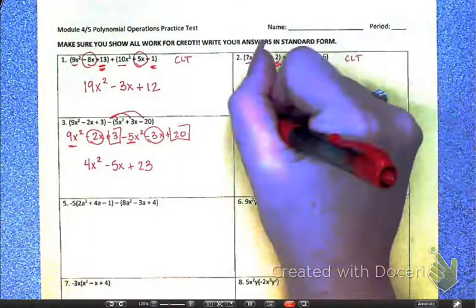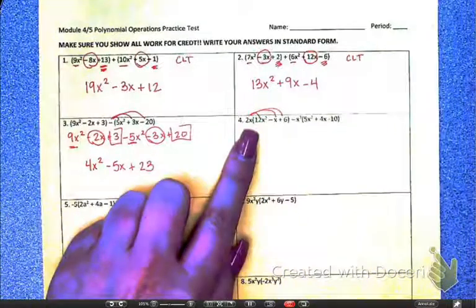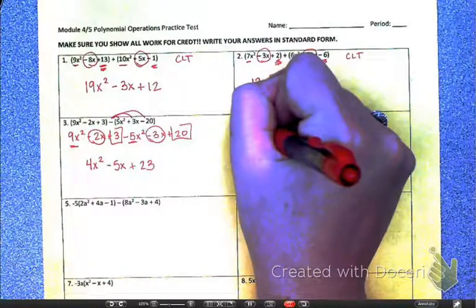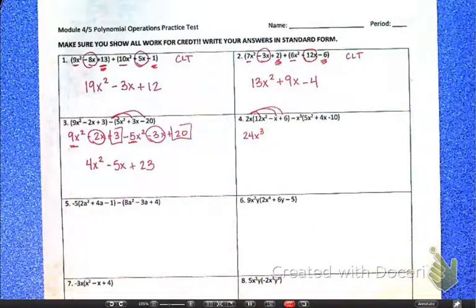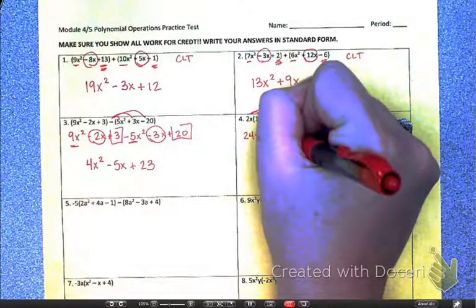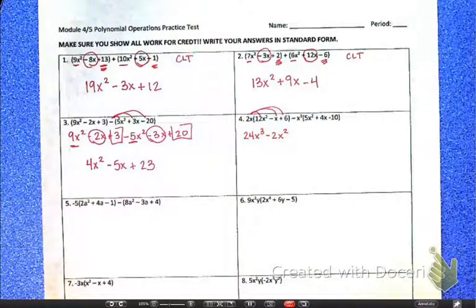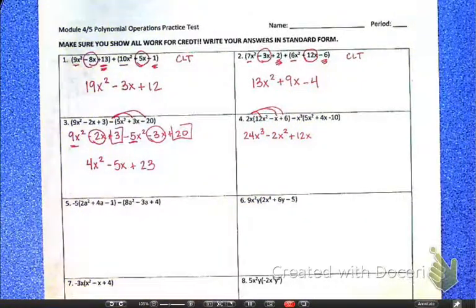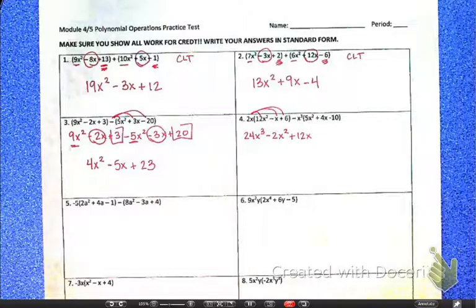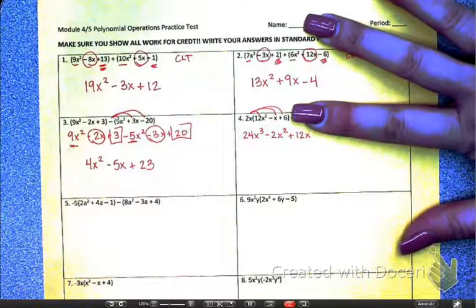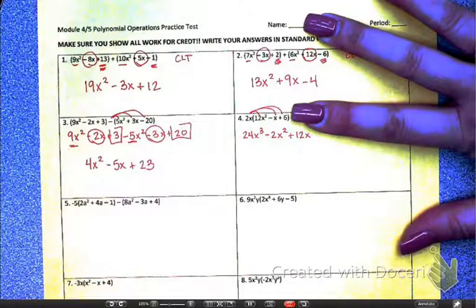Okay, so if I distribute, 2x times 12x squared is 24x to the third. 2x times negative x is negative 2x squared. And 2x times 6 is 12x. So take it one thing at a time. I just looked at that first set and distributed everything in.